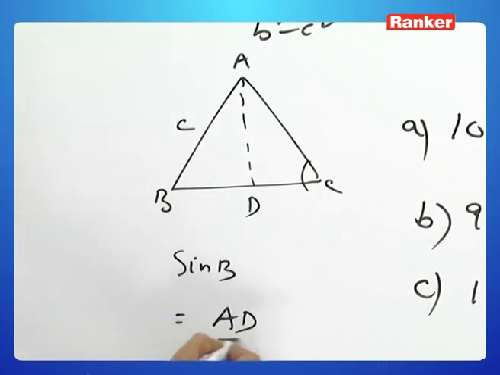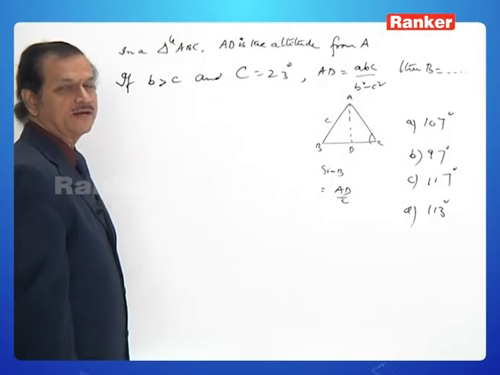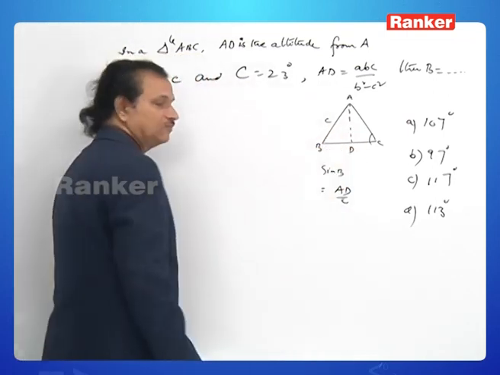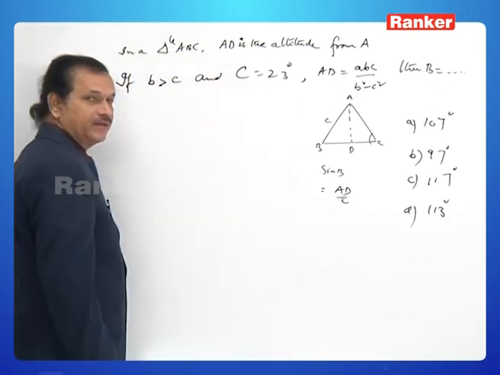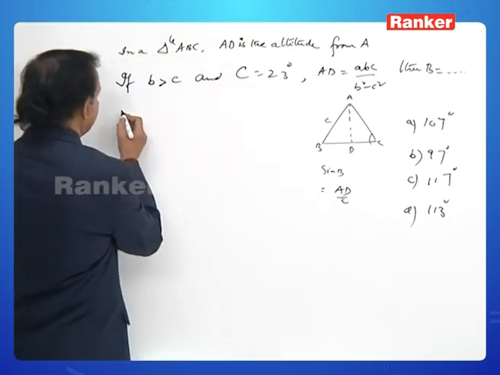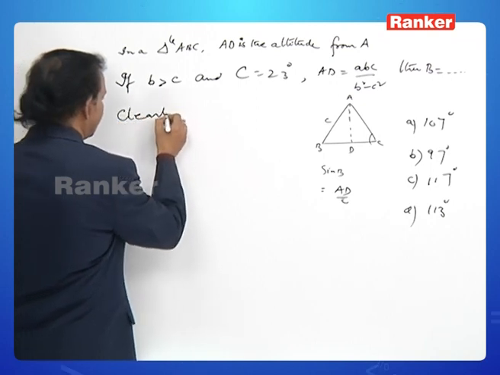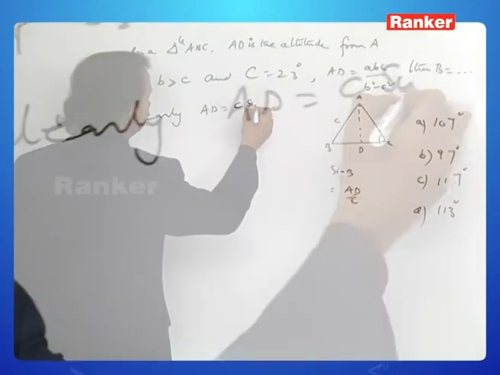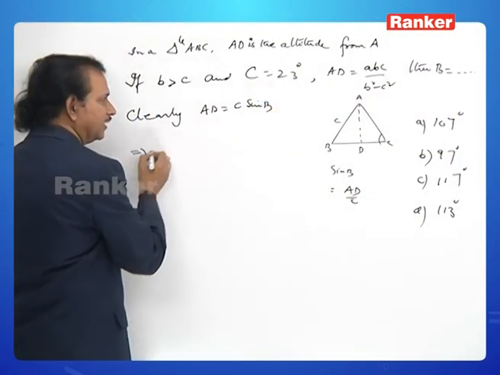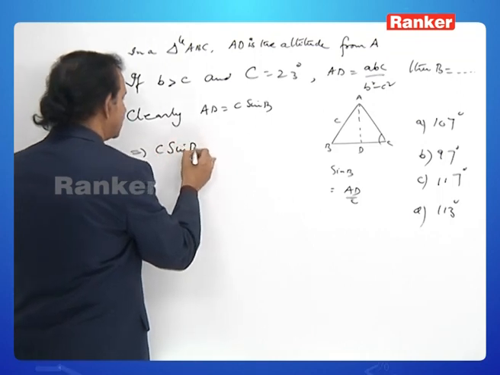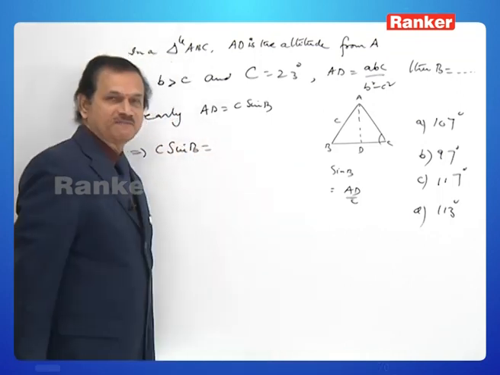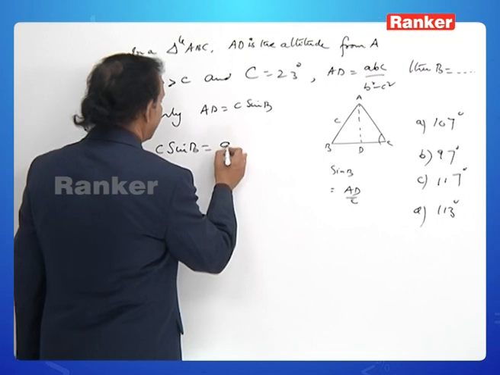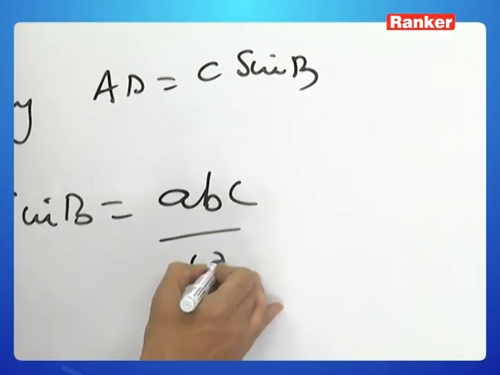Sine B is nothing but AD by c, small c. Or AD is equal to c sine B, isn't it? Clearly, AD is equal to c sin B implies c sin B is equal to, in the place of AD, why not we use ABC by root of B square minus C square?